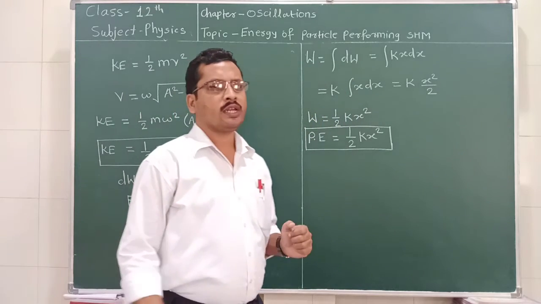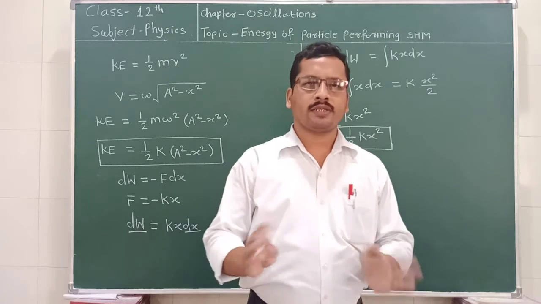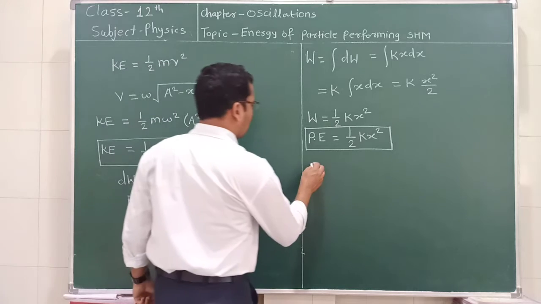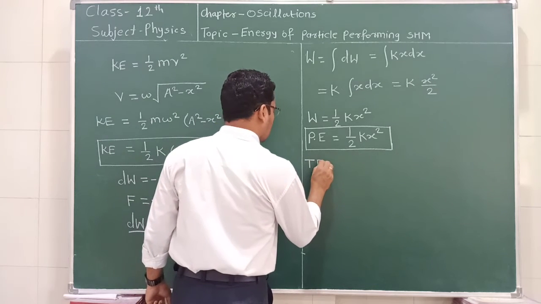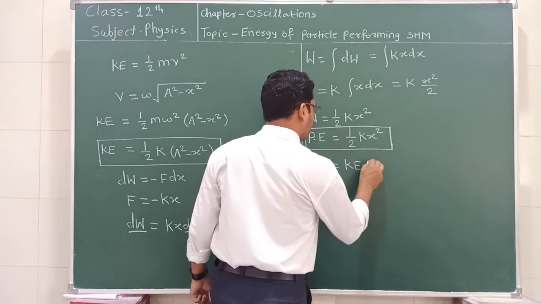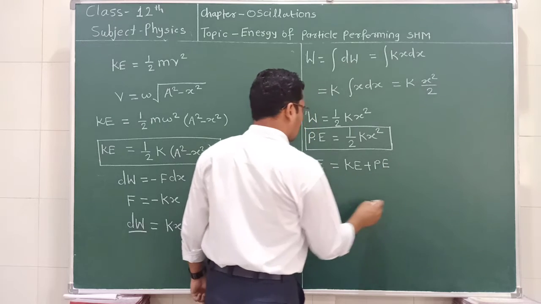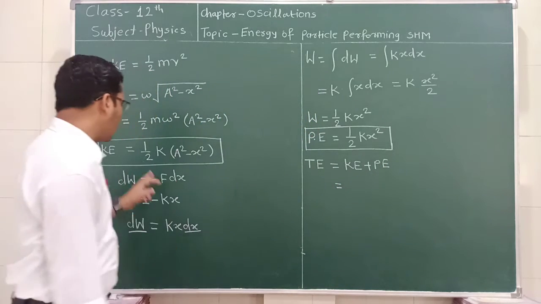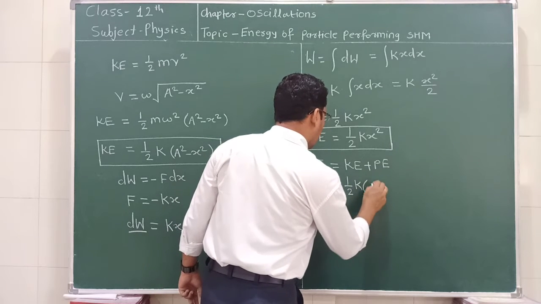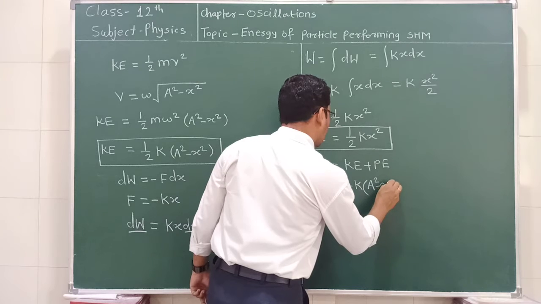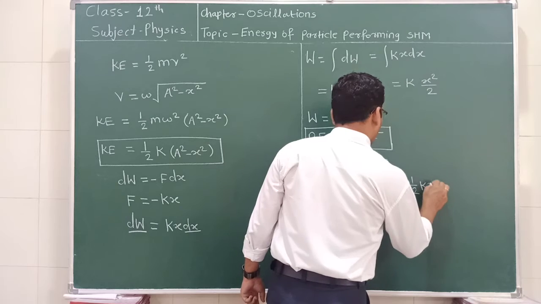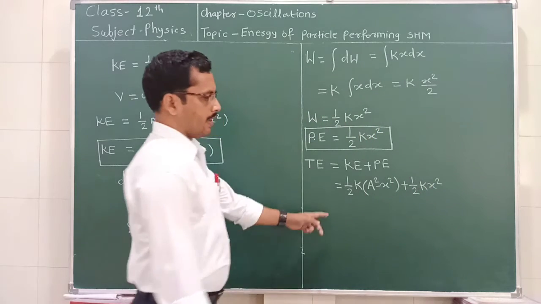Now, what is total energy? Total energy is the sum of kinetic energy and potential energy. So total energy is equal to kinetic energy plus potential energy. What is kinetic energy? It is 1 by 2 k into (a square minus x square), plus 1 by 2 k into x square.